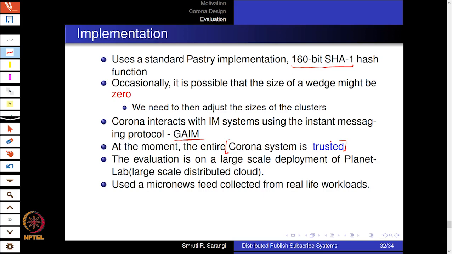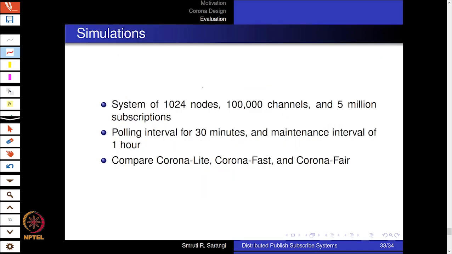And the evaluation, of course, happened on a large cloud of machines on the PlanetLab cloud, where micronews feeds were collected from real-life workloads and the same was simulated on a Corona-based environment. So the system had 1024 nodes, 100,000 channels. This is a very large system actually.